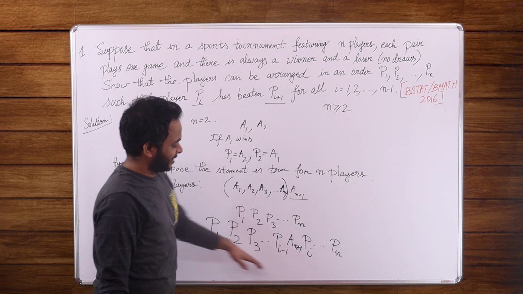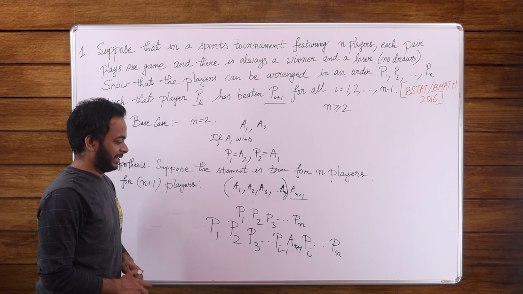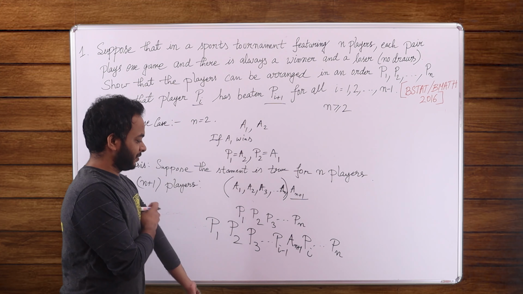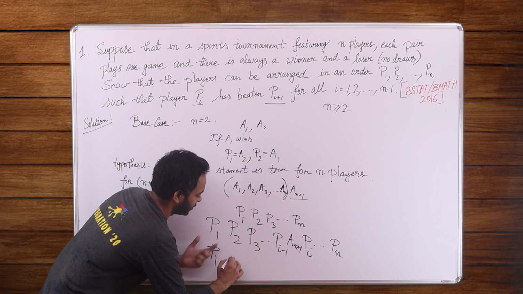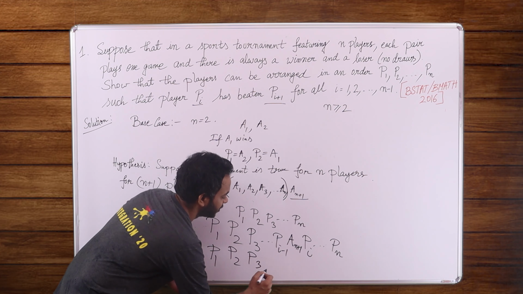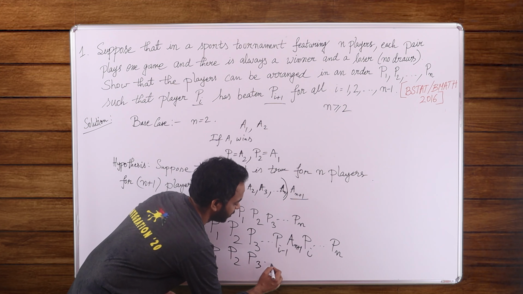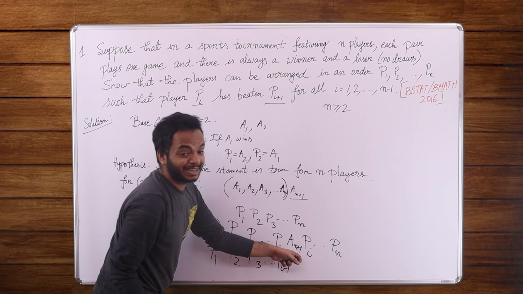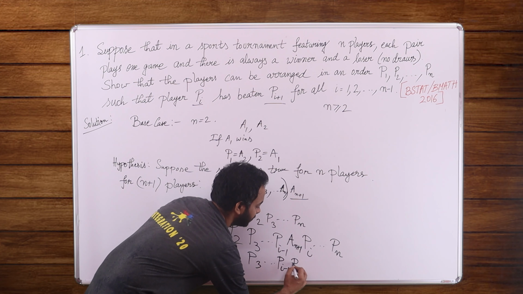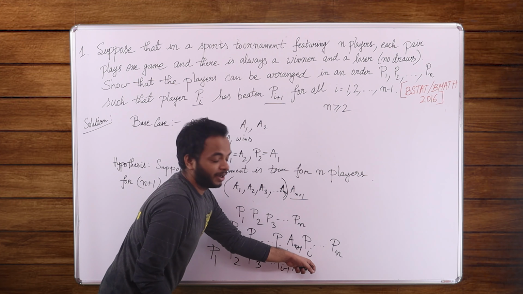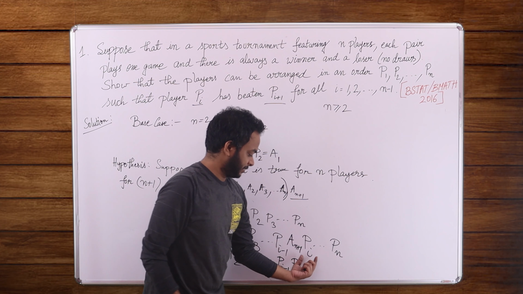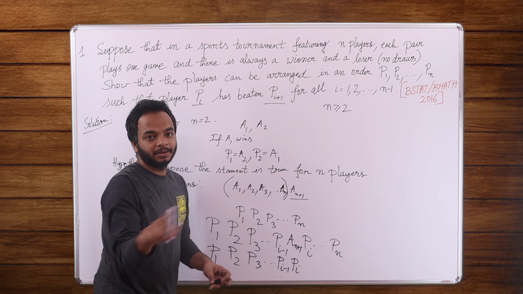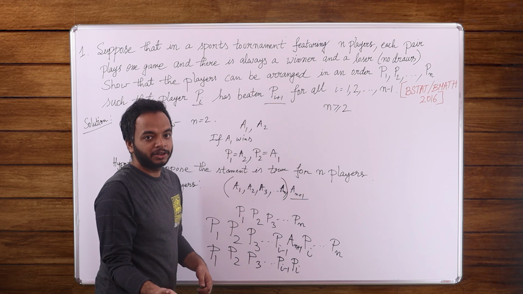Now you can just relabel the thing so that it looks like p1, p2, p3 till pn plus 1. This is p1, this is p2, this is p3, and so on, just relabeling, till pi minus 1, and then we will rename n plus 1 as pi, and for the players from pi to pn, we will add 1 to their index.